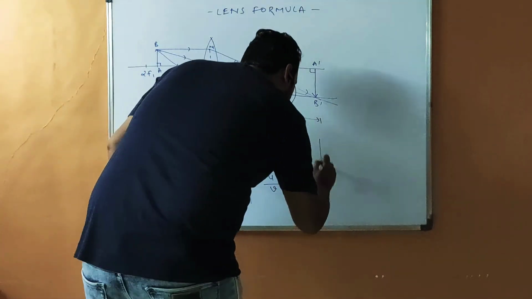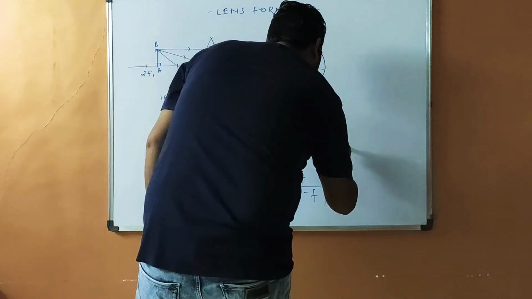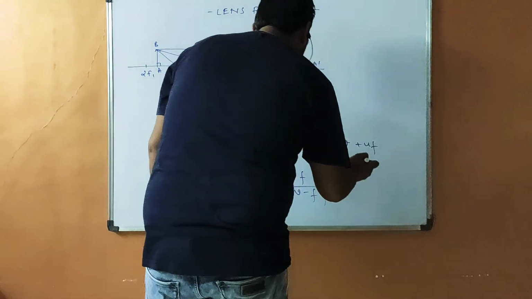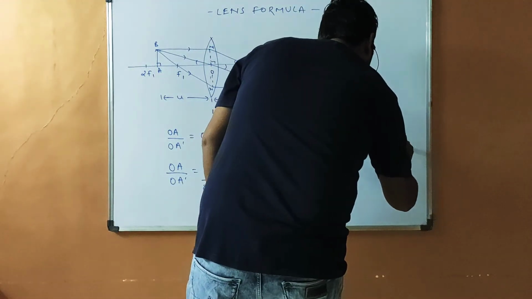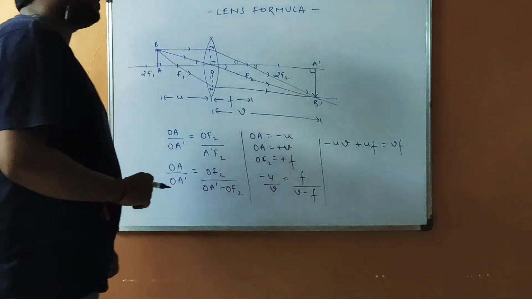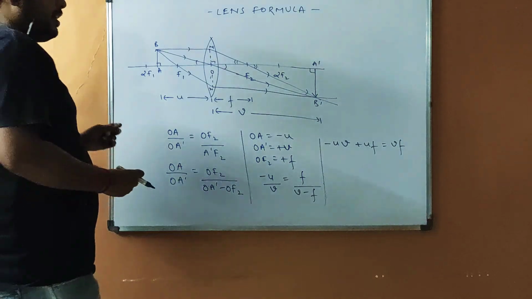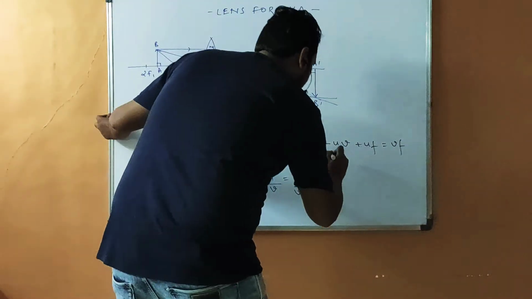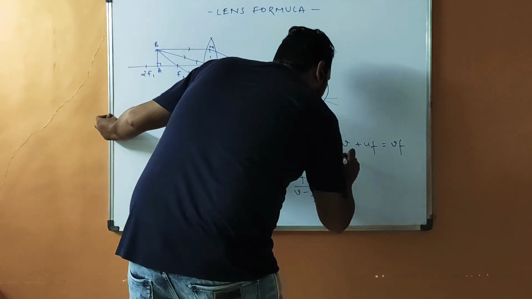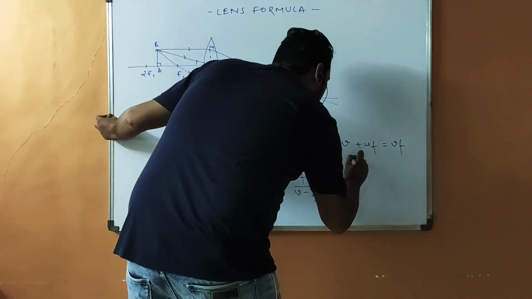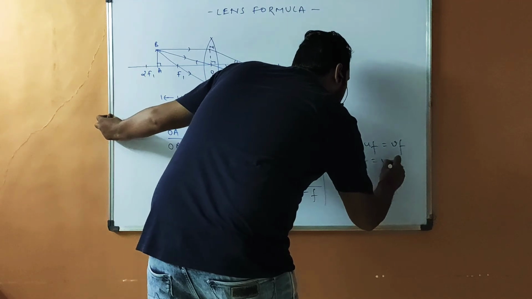Upon cross multiplication, we get minus uv plus uf equals vf. Arranging this equation, uf minus vf equals uv.